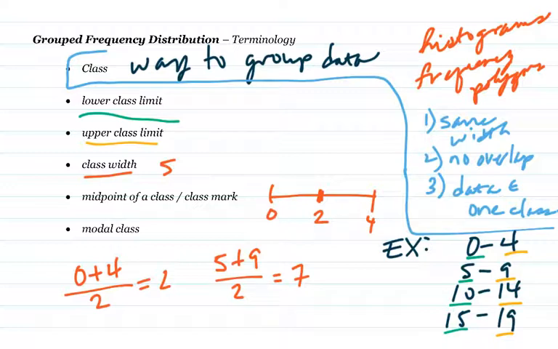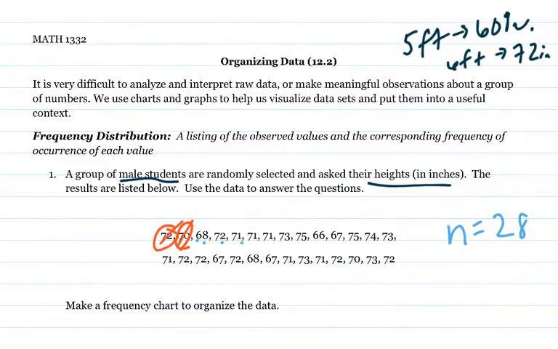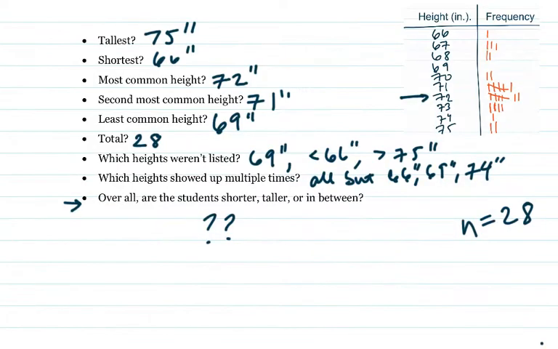If you were to look at this as a chart, and honestly, we can go back and look at our chart for this example, which one was our modal class in this height example? Well, the modal class is the one that has the most frequency, so that would have been the 72 inches in our height example.